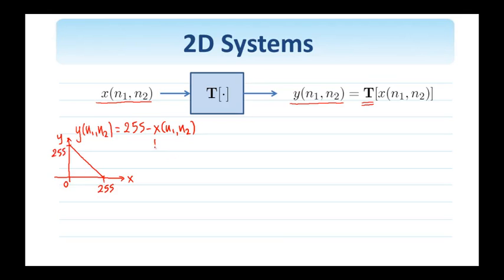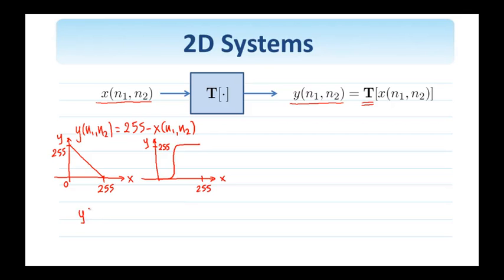I can have another system that performs this transformation to the input values according to this function, and what such a system does is stretching the intensity values of the input image. We'll see actually quite a few systems of this nature when we talk about image enhancement.